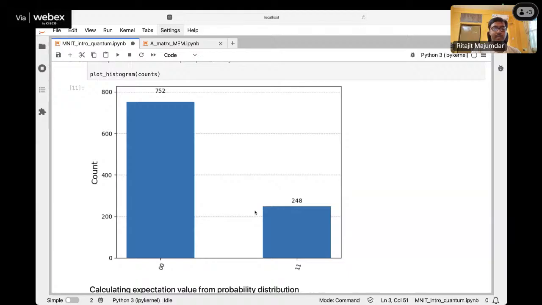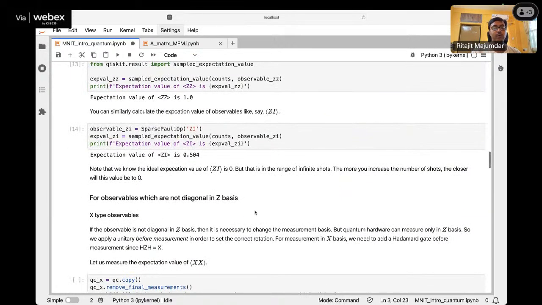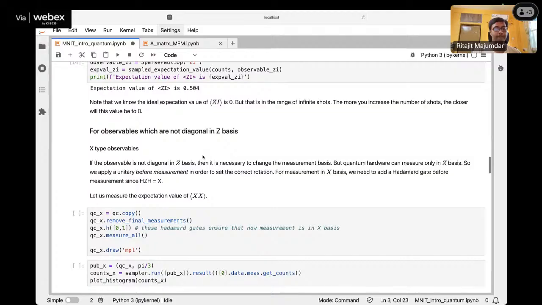But since we are taking some finite number of samples, if you mathematically do the calculation, this can vary slightly, not significantly. Maybe on the second or third decimal place, this can vary a bit.